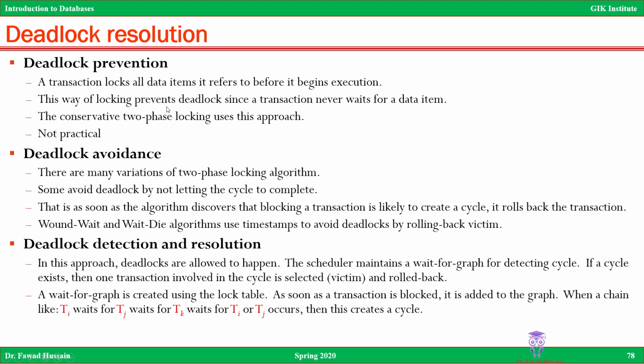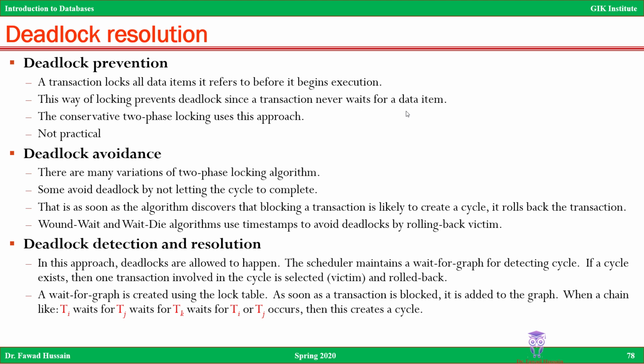This way of locking prevents deadlock, since a transaction never waits for a data item. It will have everything at the beginning, or it will release whatever it has. So it's not going to hold part of the data and wait for the rest. It will try to acquire all the data it needs. If it gets it, fine, it will start the execution.